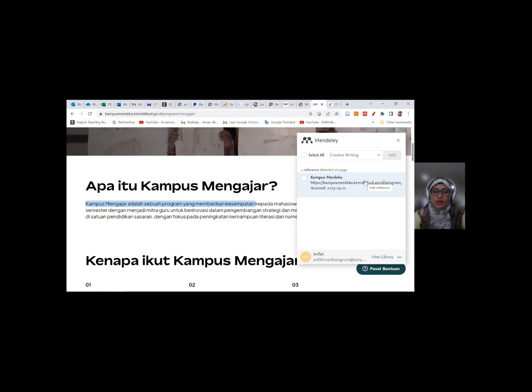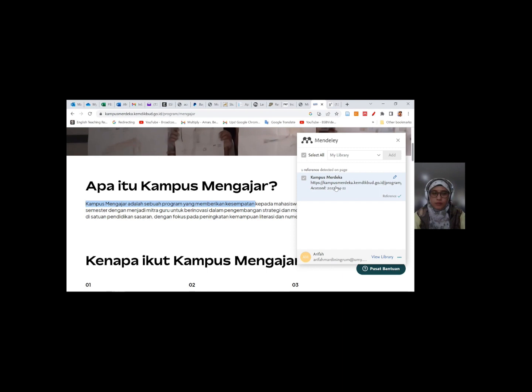Yeah, you sign in, and then you can select where you want to put it in your Mendeley library. In this case, I just want to put it in my library. Okay, click this Campus Merdeka, and then I'm going to add.